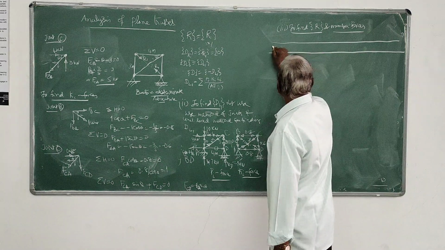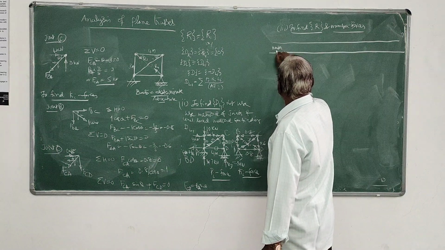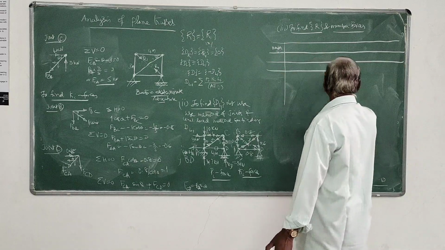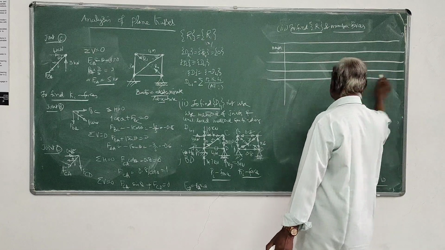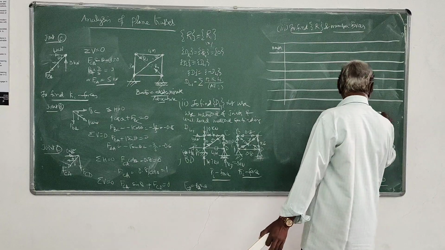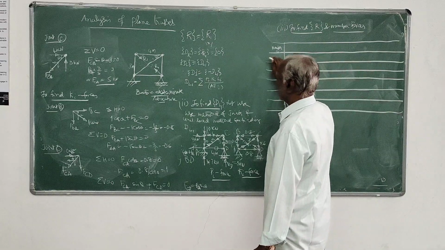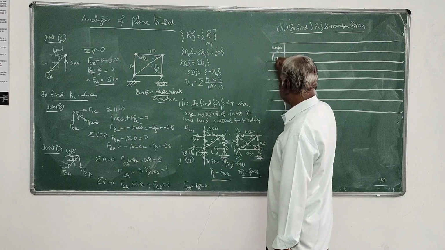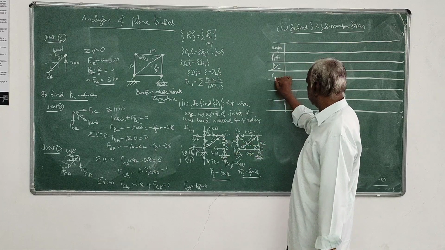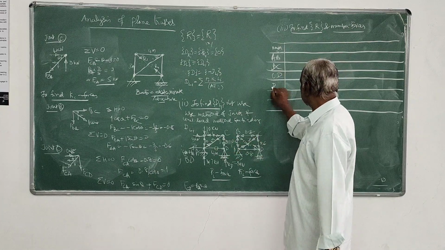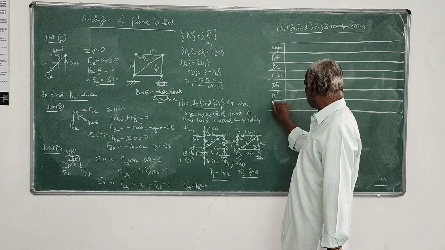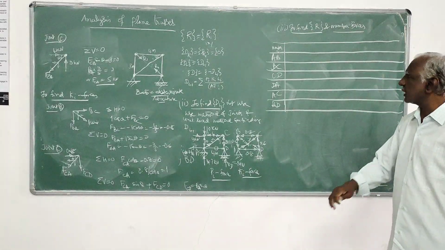What I will do: I will write member. There are 6 members: 1, 2, 3, 4, 5, 6. I will take one by one. AB, then BC, then CD, then DA, then AC, then lastly BD, that's the redundant that I selected.